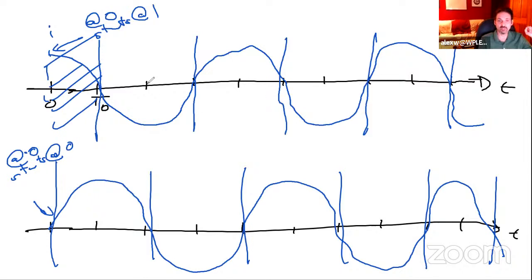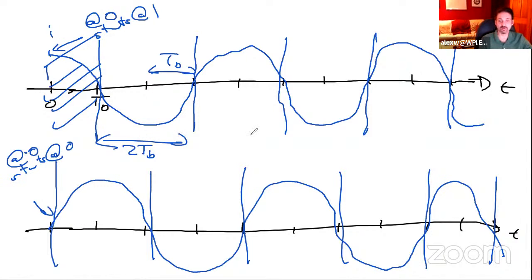Remember, these are TB wide. So every 2 TB, the value of 1 or minus 1 determines whether those things flip or not.